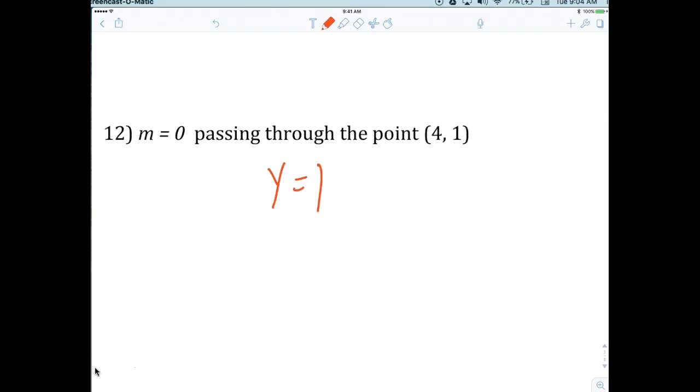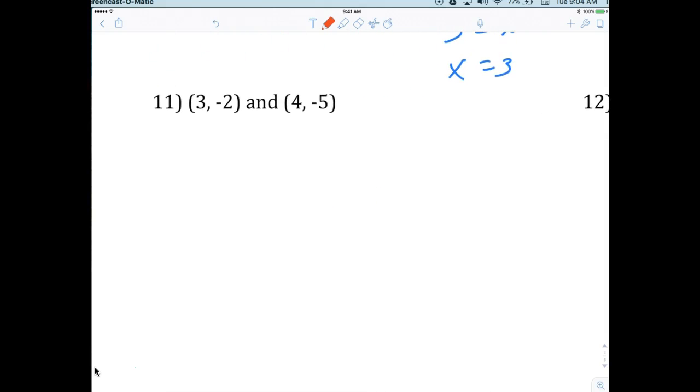Easy, easy. Now, 11, we have a problem because we don't have the slope. So we find the slope. So here we go. m equals... All right, does everybody see how it's negative 3, right? Now again, you're supposed to make mistakes here.